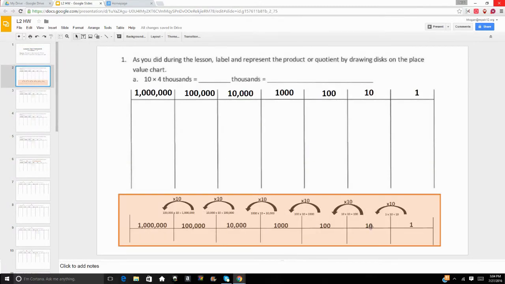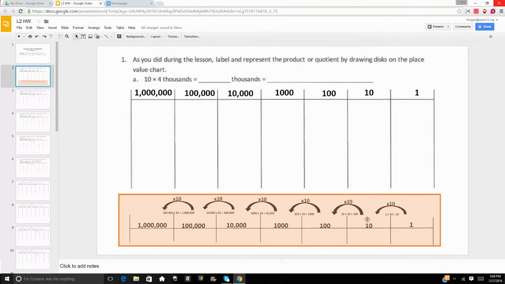So the value of the tens is 10 times the 1, because 1 times 10 is 10. The 10 times rule works this way because 10 times 10 is 100. 10 times 100 is 1,000. 1,000 times 10 is 10,000. 10,000 times 10 is 100,000. And 100,000 times 10 is 1 million.